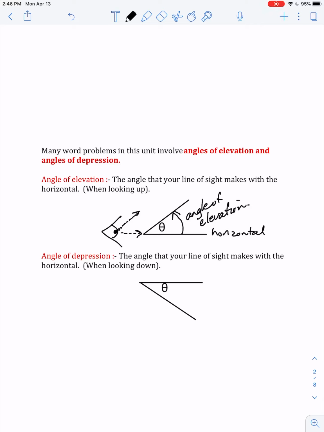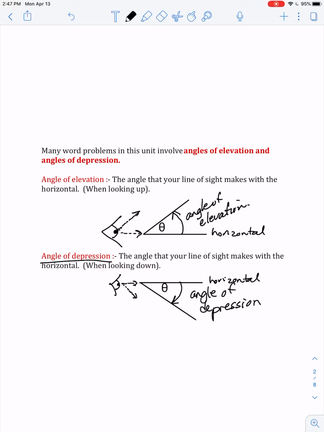Now for the next one, for the angle of depression, if we put your eye here, and there is your line of sight, that is again the horizontal. And then if you tilt your eyes or tilt your head and you start looking down, the angle that is formed when you look down is called the angle of depression.